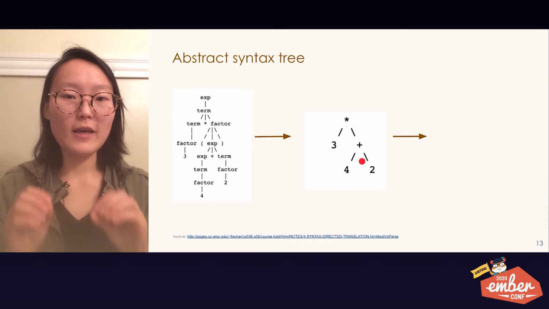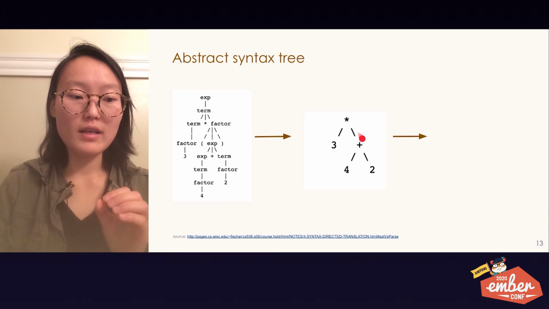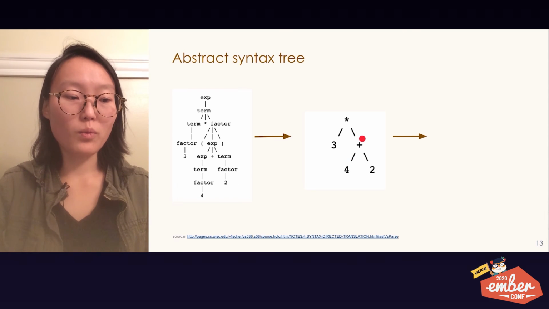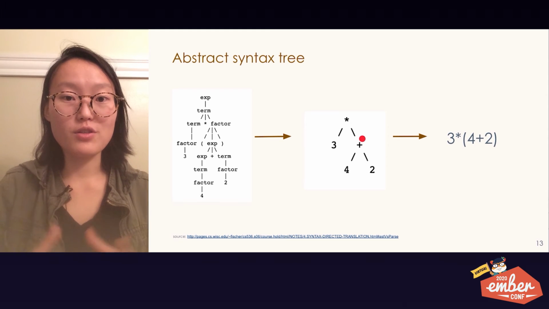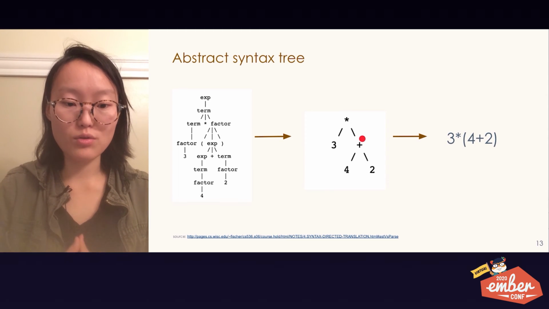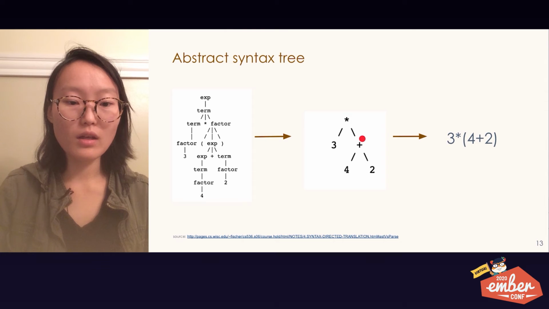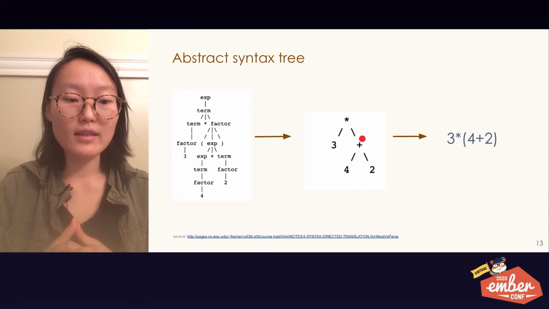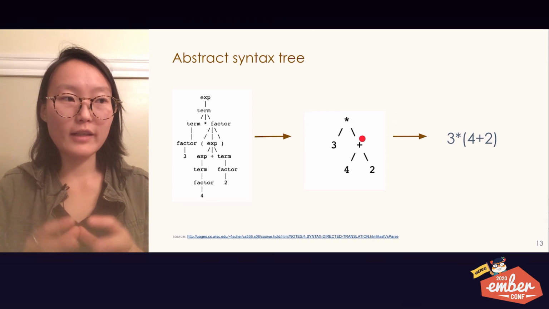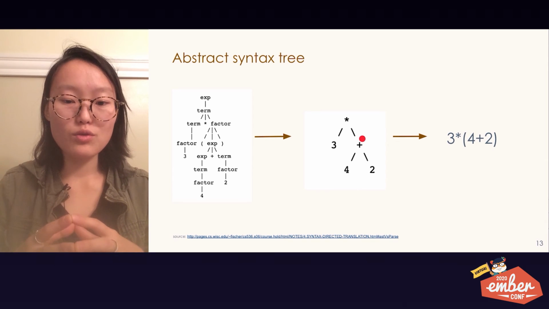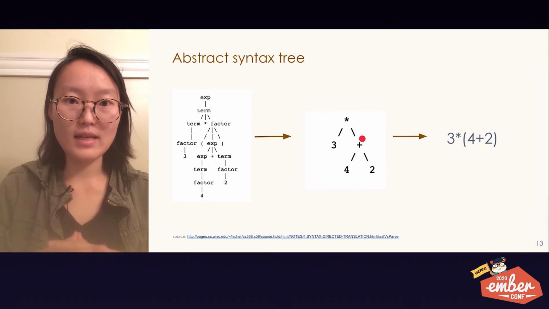As you can see, if I combine the information from the middle tree here with the tree on the left, I can get to the original expression of 3 times 4 plus 2. This tree hierarchy really provides a clear, very hierarchical way to get the surrounding syntax.